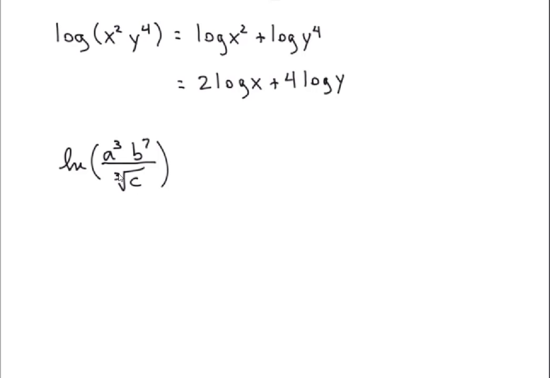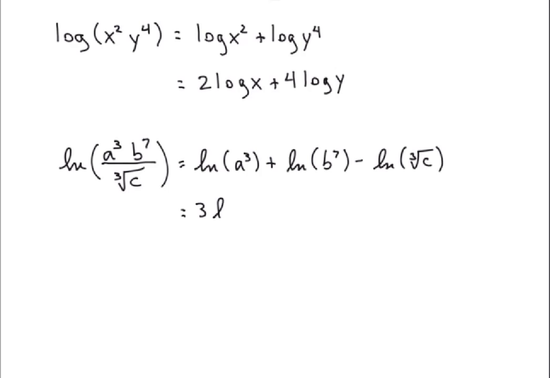The c on the bottom is going to have a negative coefficient because it's in the denominator, and when an expression is in the denominator, it's equivalent to having a negative exponent. So what we can do here is first we can split this up like this. So the a and the b are in the numerator, so they both have positive coefficients. The c is in the denominator, so it has a negative coefficient.